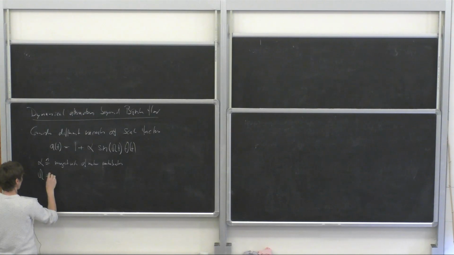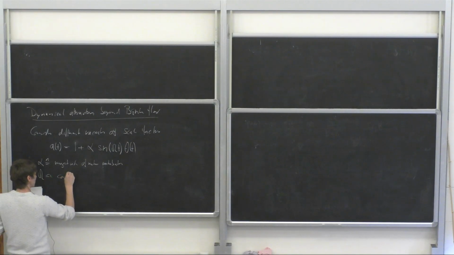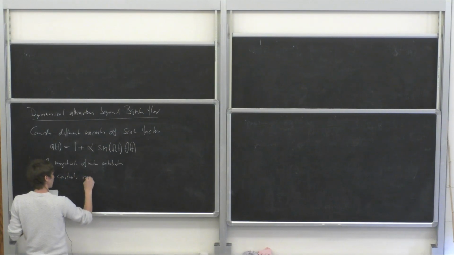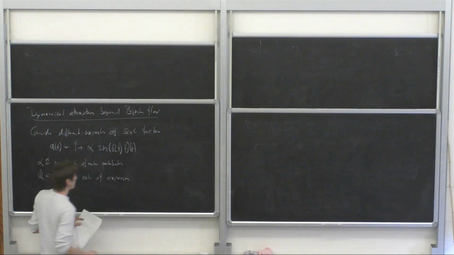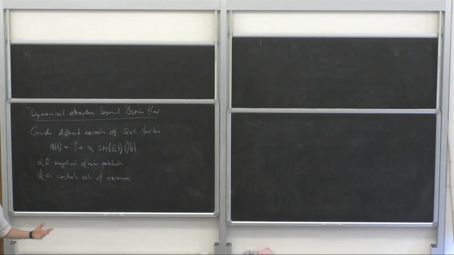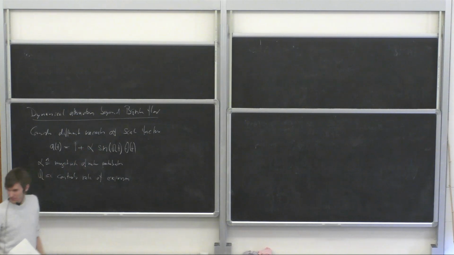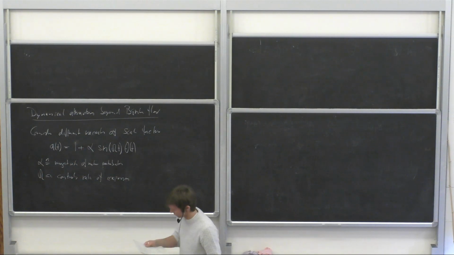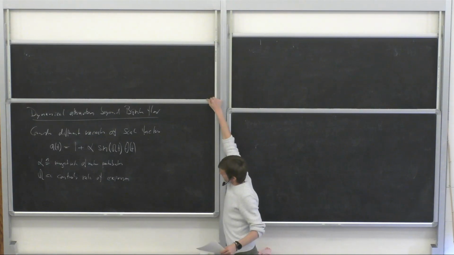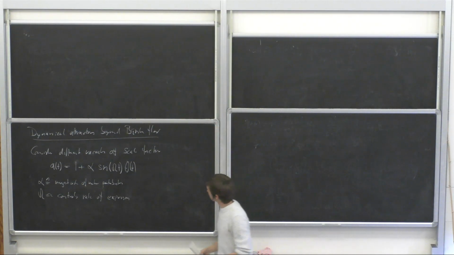Well, this is the frequency, but essentially what it really does is it controls the rate of expansion that I have. If I compute A dot over A, which is the expansion rate, then I take a time derivative.